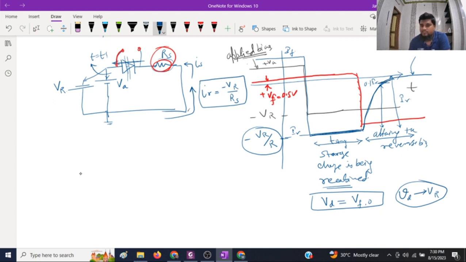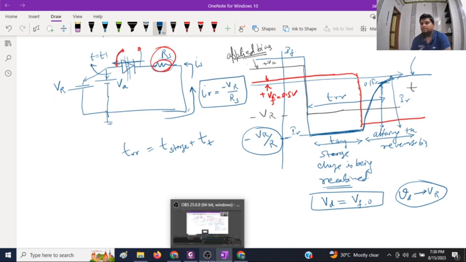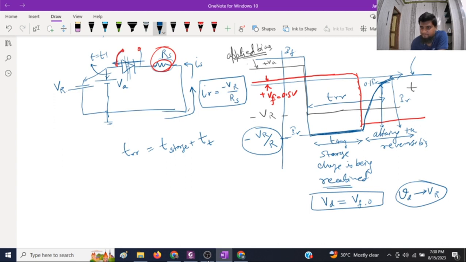That is how it is defined. So reverse recovery time, TRR, is equal to T storage time plus T, let's assume, to attain the transition stage, that is a depletion width.